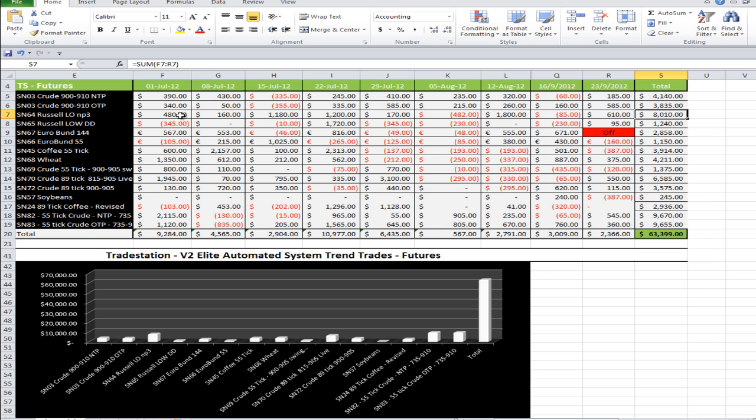how many people have we got in the room who are currently trading that or monitoring it? So how many have we got that are keeping an eye on system 64 or trading it or watching it? Yeah, there's a couple in the room. So what I was going to mention there was that you may want to keep an eye on the volatility on that, because when the volatility starts to drop on the Russell, you might find that you may have to adjust the targets.